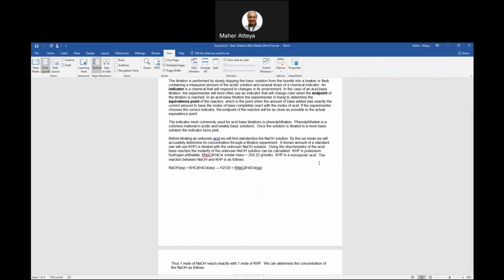First of all, it has to come in a pure state, be cheap, and not poisonous. Most of the time we use H2O, but in this case we'll use potassium hydrogen phthalate, abbreviated KHP. Potassium hydrogen phthalate is a solid crystal.